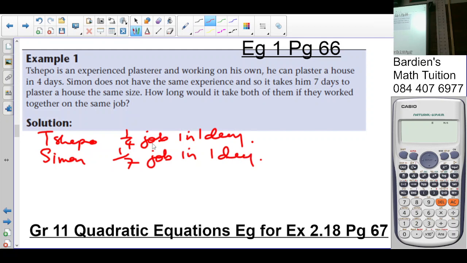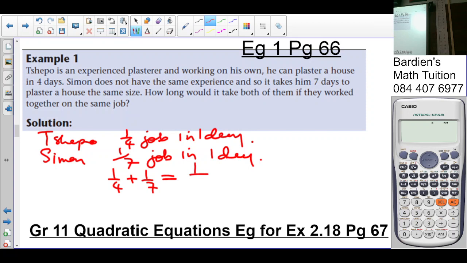So the question is, how long will it take them if they work together to complete the job? Can you see that? So in other words, if they're working together, it's 1/4 plus 1/7, each one's part for the day, will then equal to 1.